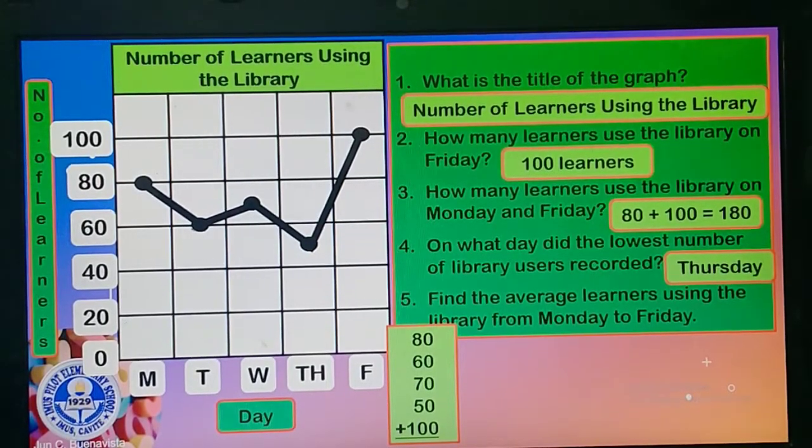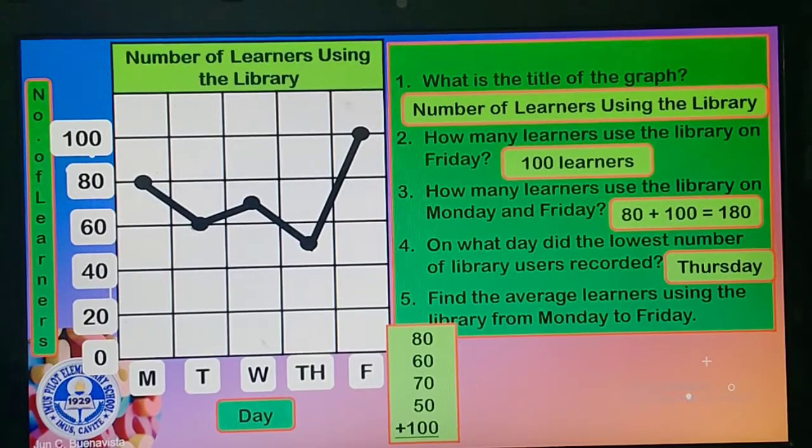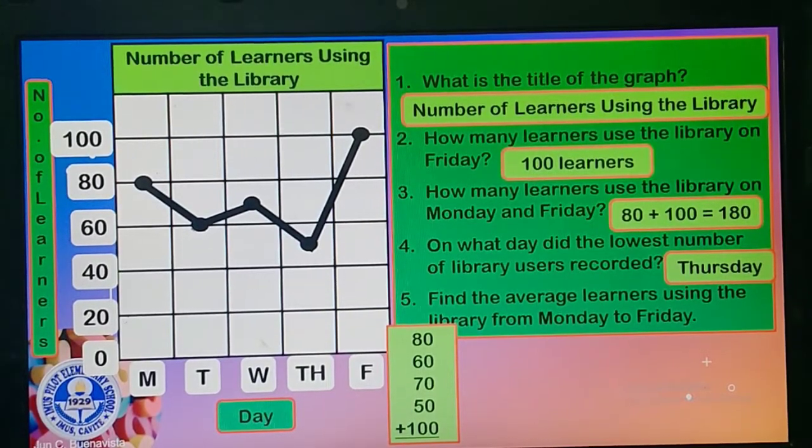And we have Friday 100. Now let's get the sum. So 8 plus 6 equals 14 plus 7, 21 plus 5, 26 plus 1, 27. So our answer is 360.